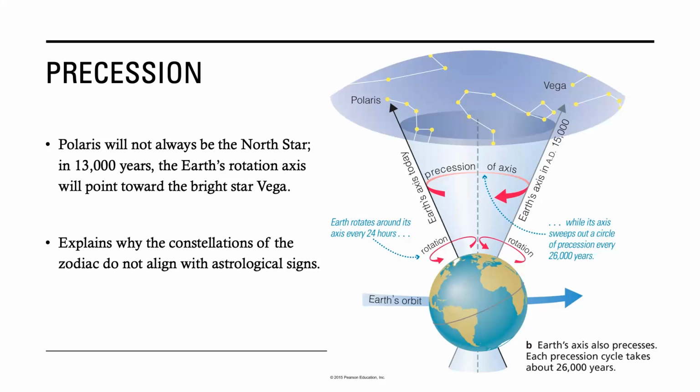And that even changes. Since the time that people started coming up with the themes of the zodiac, Earth's axis has shifted. So the constellations don't even line up with the original assignments of zodiac signs. Just an interesting fact. Okay.